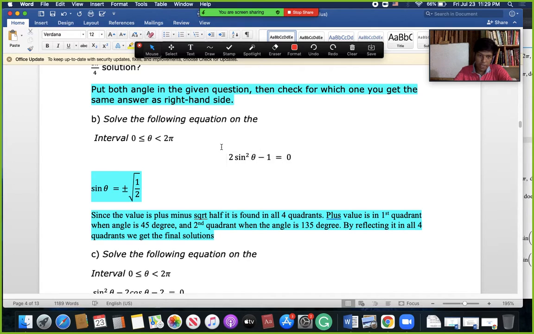For this kind of maths, I have seen some students make a little mistake here. For example, this is theta from 0 to 2 pi, where 0 is included and 2 pi is not included. So if you get the solution 0, you will have to include it, because 0 is included.